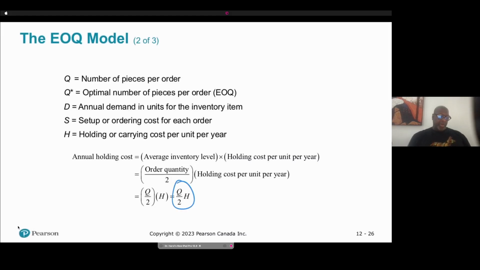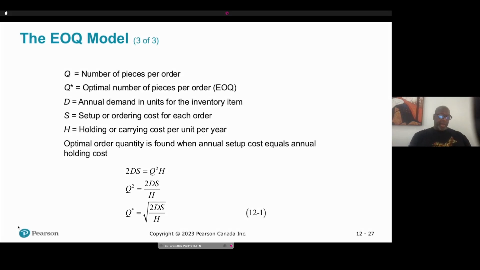Take Q over 2 times H, and when we bring the two together and do our calculus, we get Q star, the optimum order quantity, equal to the square root of 2 times the demand times the setup or ordering cost divided by H. All right? That's what that is right here.